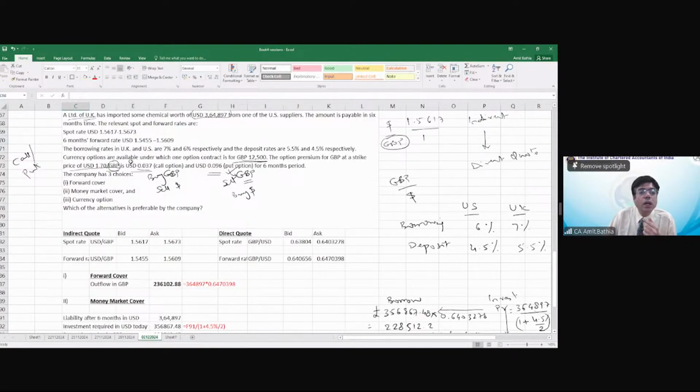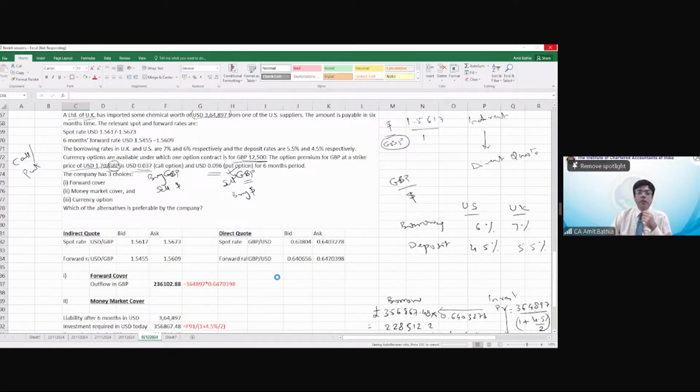Currency options are available under which one option contract is for GBP 12,500. The option premium for GBP at a strike price of USD 1.7 per GBP is 0.037 and USD 0.096 for a put option for 6 months. First and foremost, do you need a call option or put option? Put option. We need a put option. So we'll essentially mention that we need a put option, right?